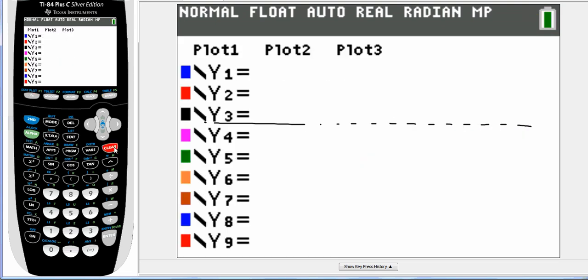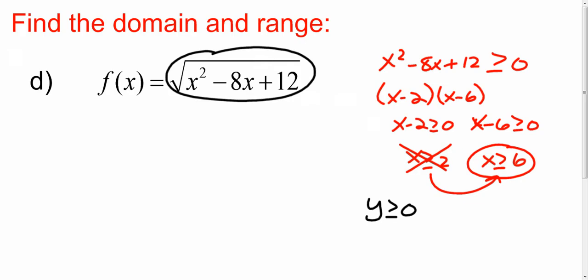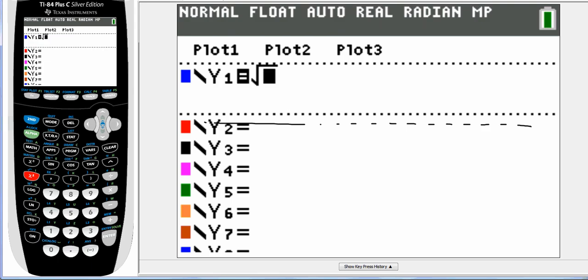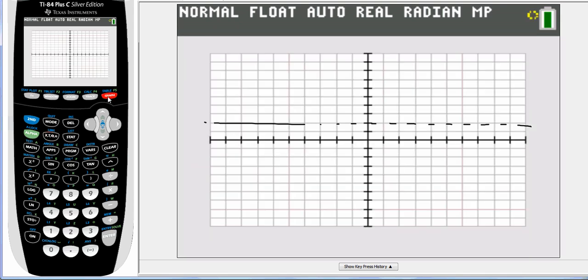So I am going to put this into our calculators, and it was the square root of x squared minus 8x plus 12. Okay, I'll go ahead and graph that.